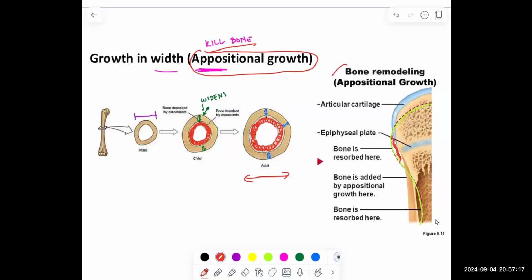Technically, this bone remodeling involves both appositional and interstitial growth. But you do have areas where the bone is killed, is dissolved, so you can build new areas of bone, so that you can grow to your adult stage.